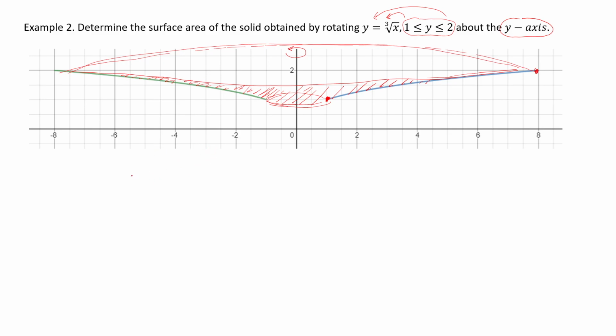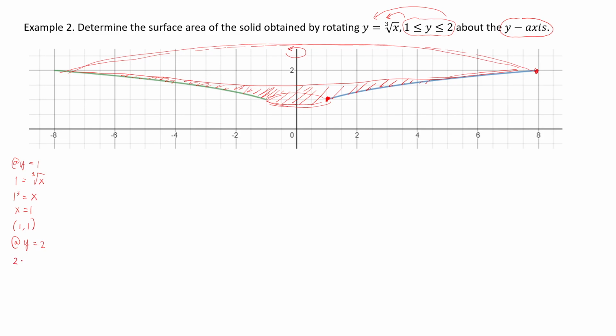Okay, so first things first, you graph your equation. So probably you have here y is equal to 1 first, and then you plug in 1 is equal to the cube root of x. Then you're going to get 1 cubed, so x is equal to 1. Then the other one would be at y is equal to 2.